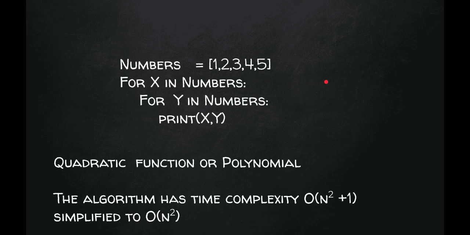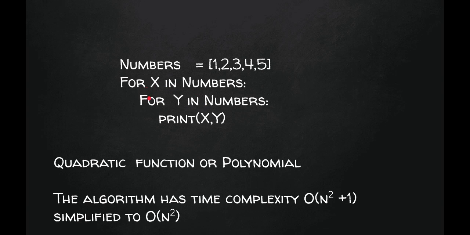Okay, now this next example, this is where we step up now. So in this one, I've written numbers 1, 2, 3, 4, 5, and I've done 2 nested loops again, but they're both dependent on numbers here. So they're both dependent on n, the number of things which are in this list. So for x in numbers and for y in numbers, print x, y. So it's going to loop through n here, and it's going to loop through n there.